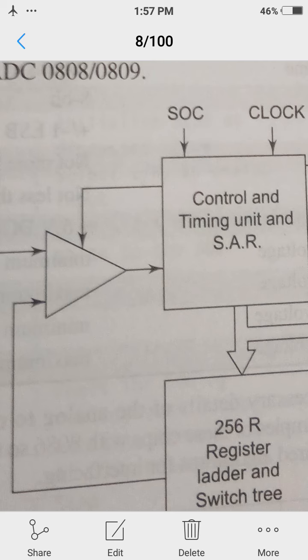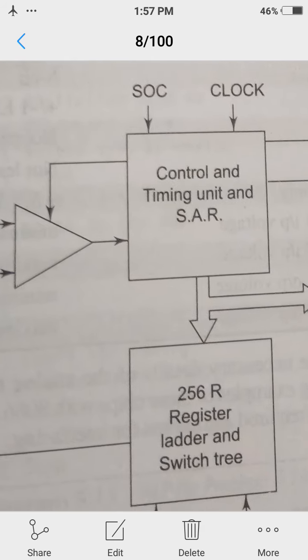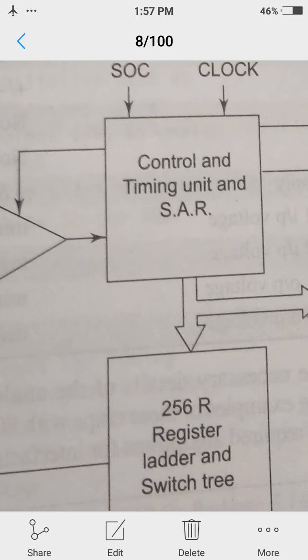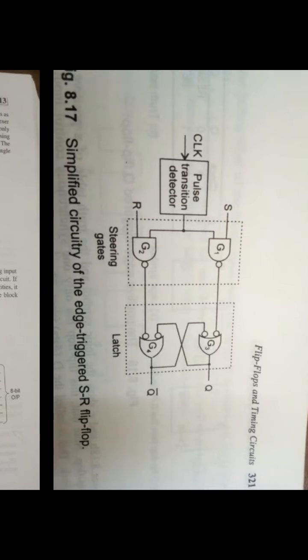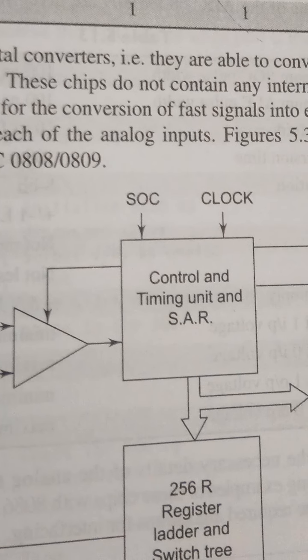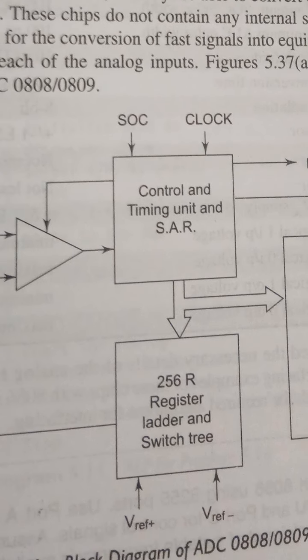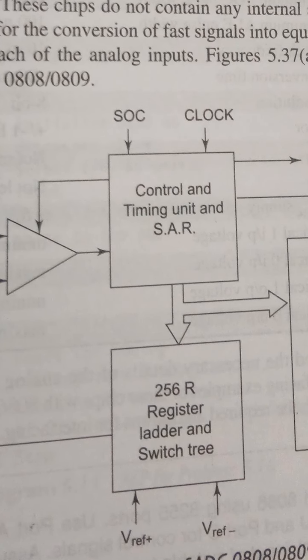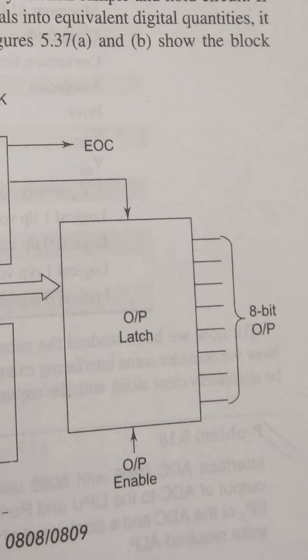This is the comparator, and there are the signals SOC and clock, start of conversion and the clock, and this is the end of conversion signal, and this block is the control and timing unit and successive approximation register SAR. Now there is a 256 resistor ladder and switch tree. In this, V reference plus and minus voltages are given, and the output latch has the 8-bit digital output, which is converted.